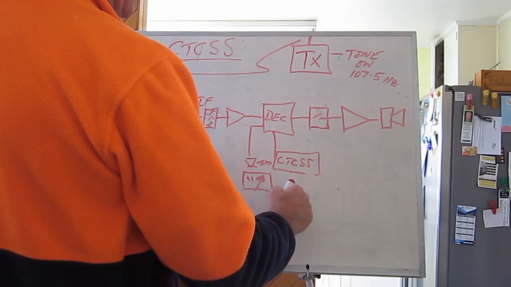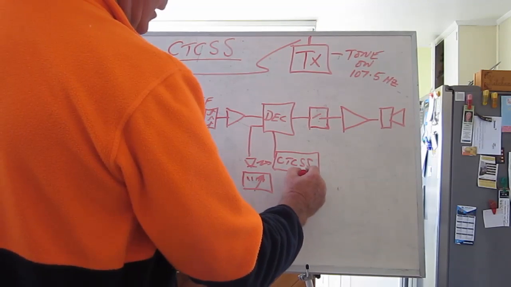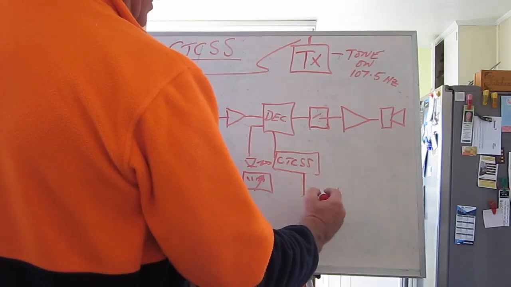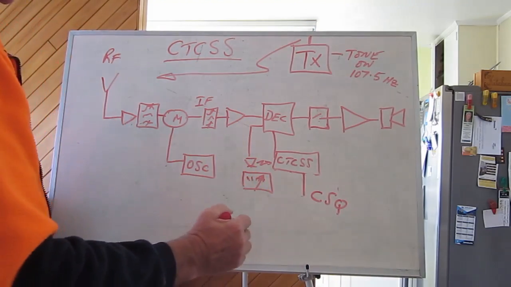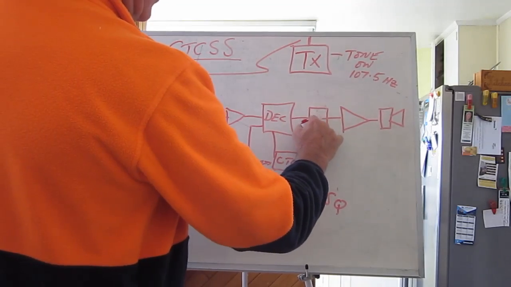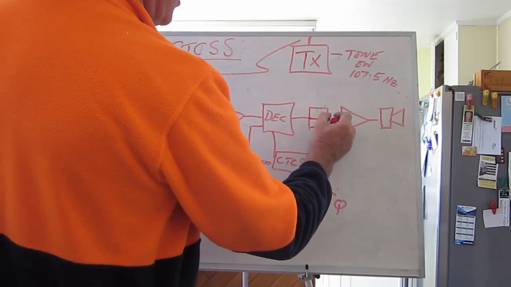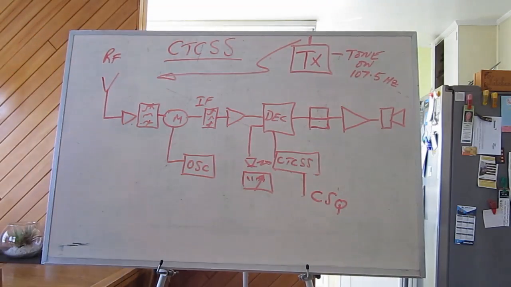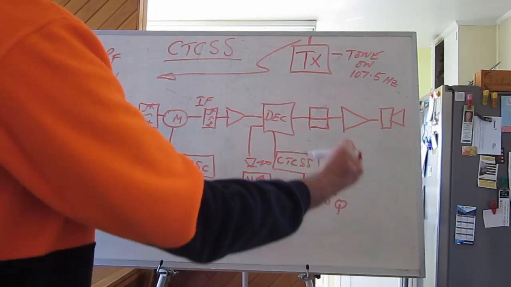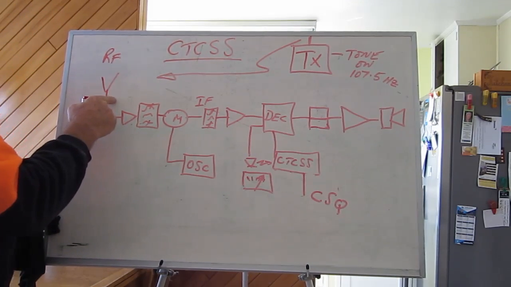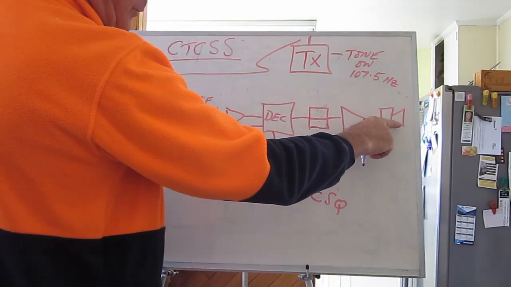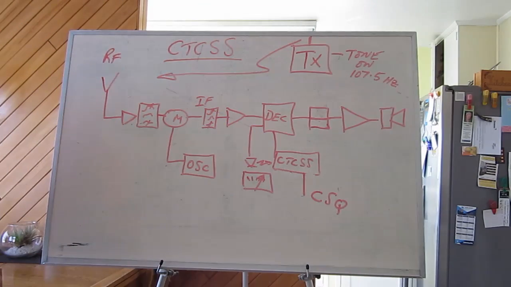If you do not have a tone programmed in here, or in some cases it's programmed as CSQ or squelch, this remains closed the entire time. That means that every signal that arrives here at the aerial will result in an output at that end. And that's a problem.